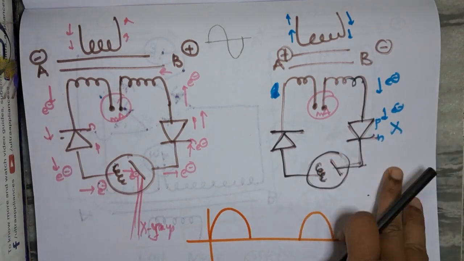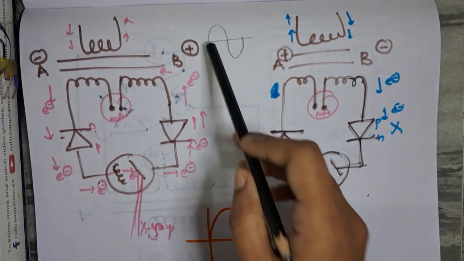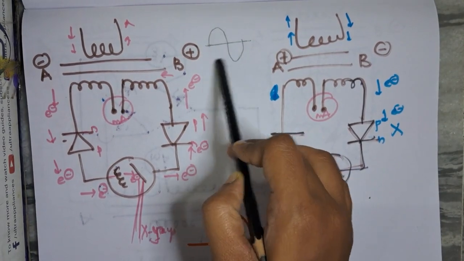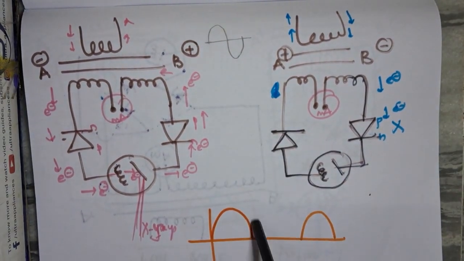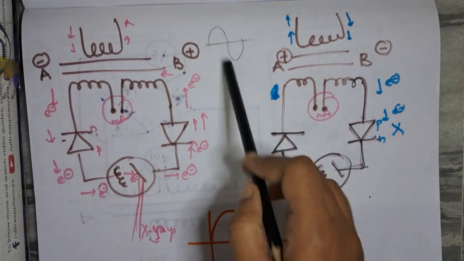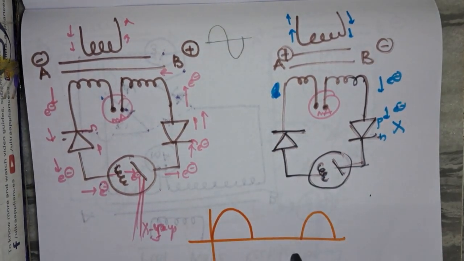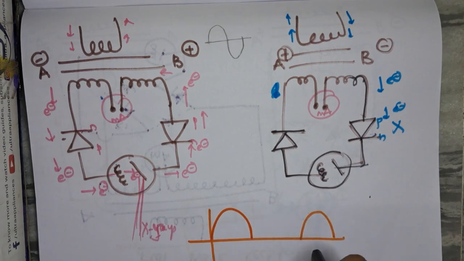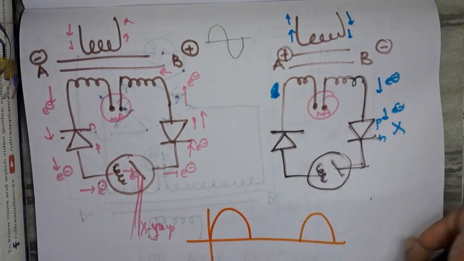This is called half wave rectification, where in the whole electric current only one half is utilized in production of X-rays, whereas the other half is not utilized. The main disadvantage of half wave rectification is that it requires more exposure time than full wave rectification.